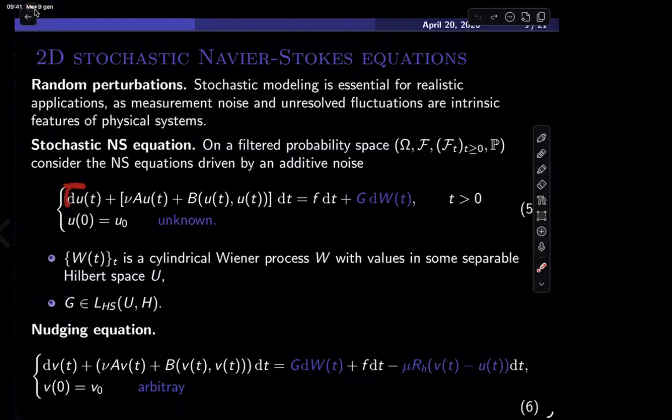So this is the stochastic counterpart of the Navier-Stokes equation, written in the abstract form, and also in our case, we suppose that we do not know the initial condition, and the aim is again to make predictions at future time. So the aim is to try to approximate the true initial state.